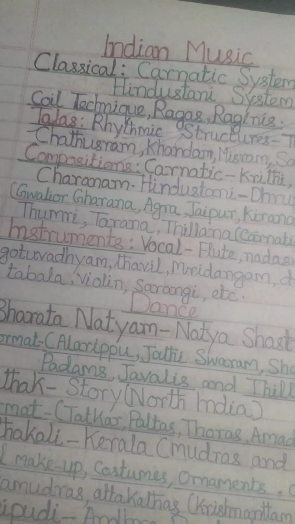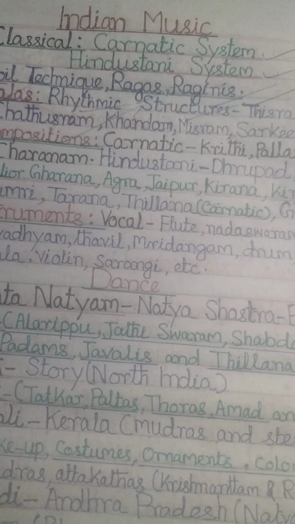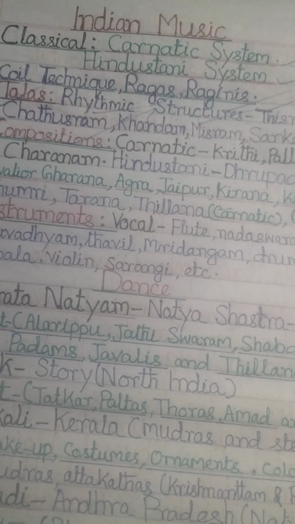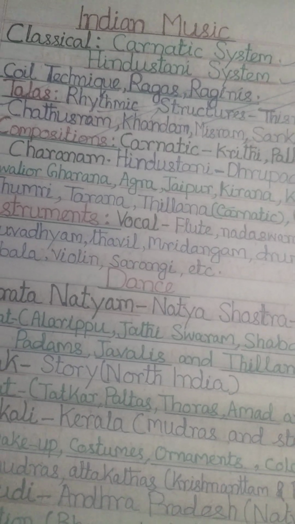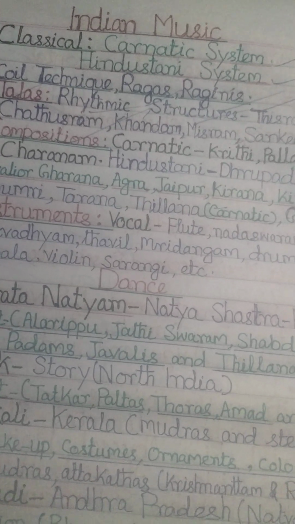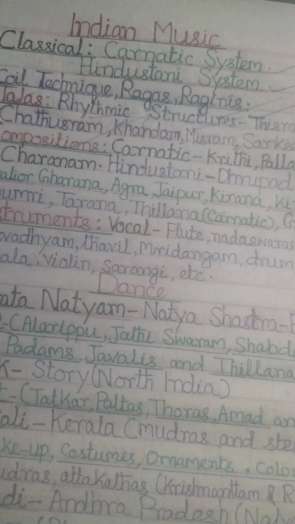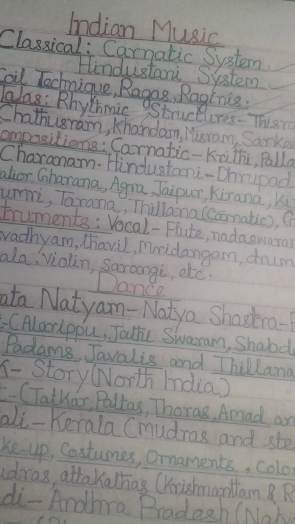There are two systems of music in India, the Carnatic and the Hindustani, which are highly grammatized. These are supplemented by pop music, bhajans, and kirtans.